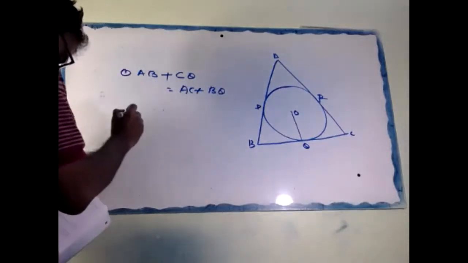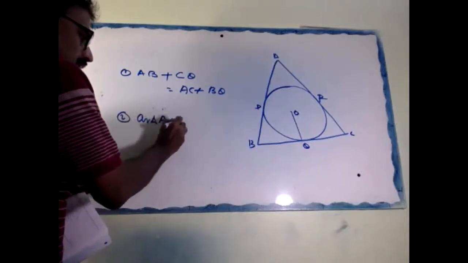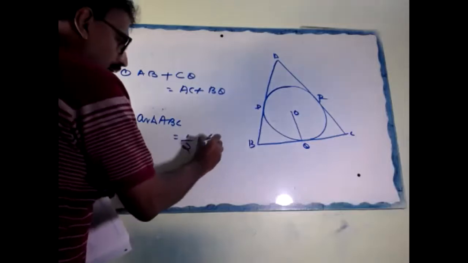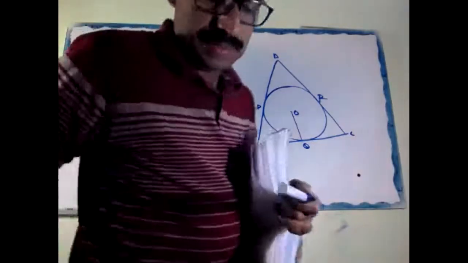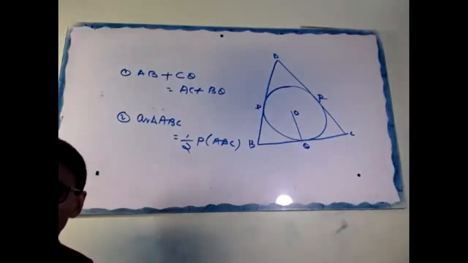Two: area of triangle ABC equal to half of the perimeter of triangle ABC.